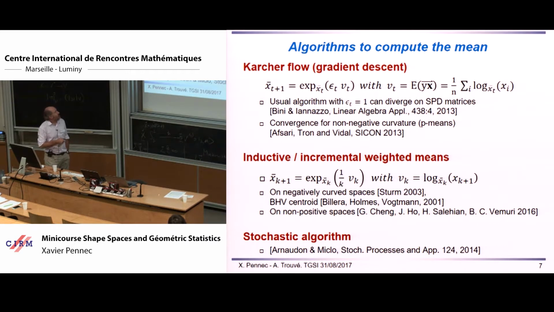There are a few papers that I listed here to look at the bounds on that, and there's quite a lot of work now on the incremental mean. The idea is that instead of taking all the points, computing the gradient, and then iterating the gradient, we can take two points, compute the mean, then take a third point and shoot just 1/3 along the geodesic, and iterate the mean like that with different points.